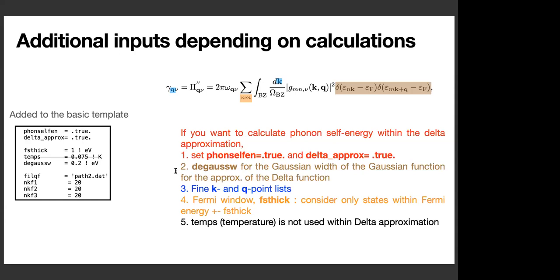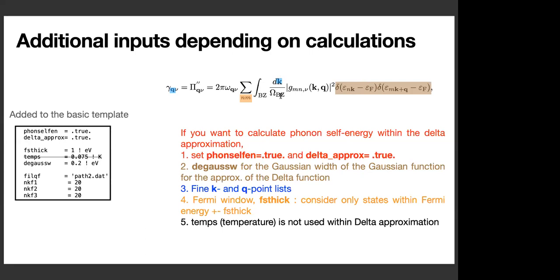And this means additionally, you need to add the input flag DGaussW, which is for the Gaussian width of the Gaussian function for the approximation of the delta function.